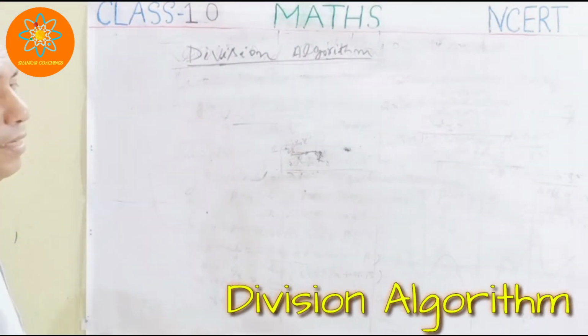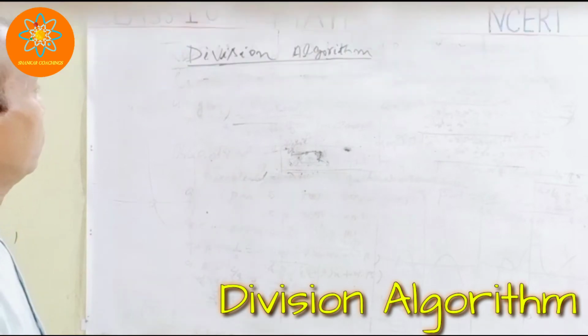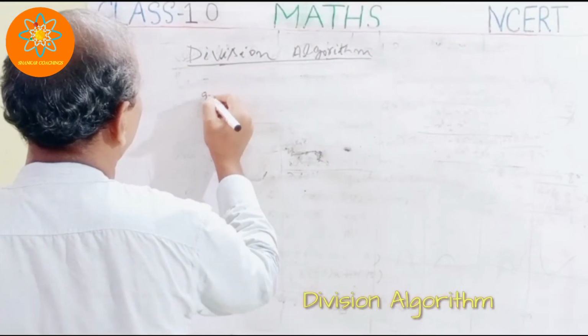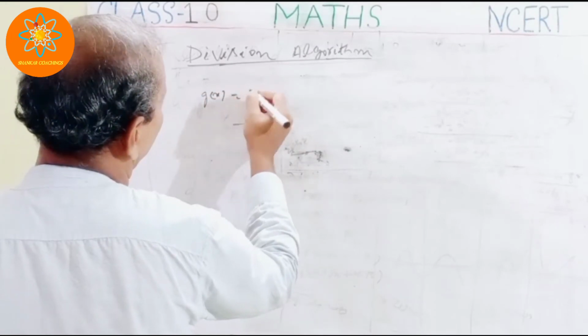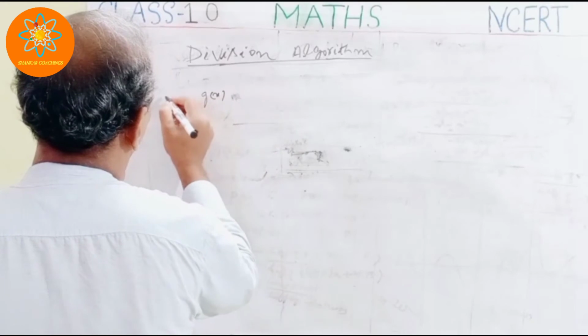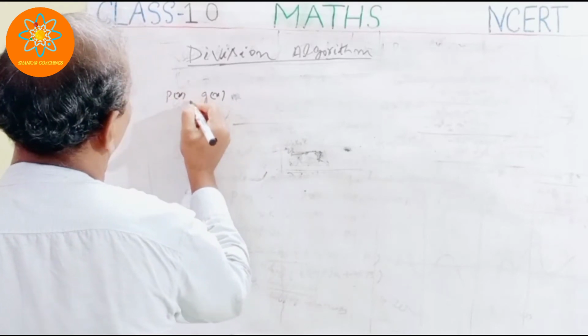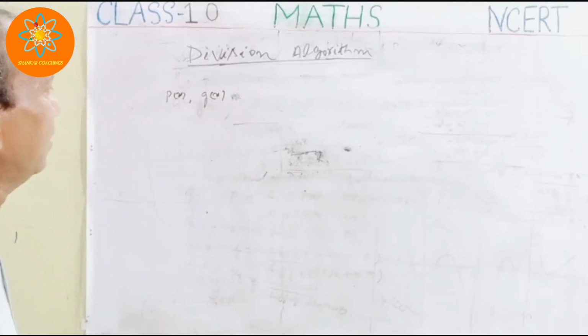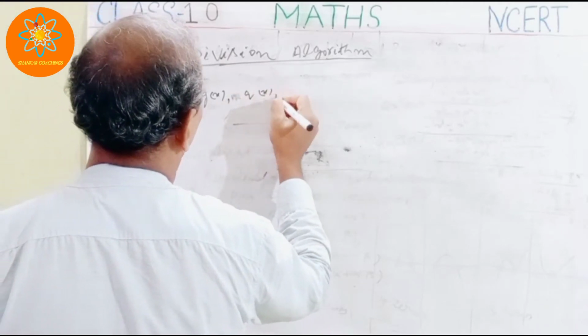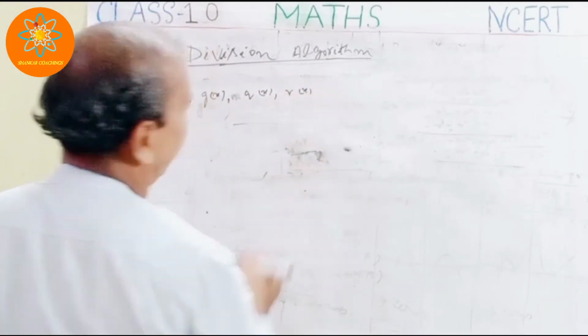Now the next one is the division algorithm. Let's suppose px is the dividend and gx is the divisor, and let's suppose qx is the quotient and rx is the remainder.